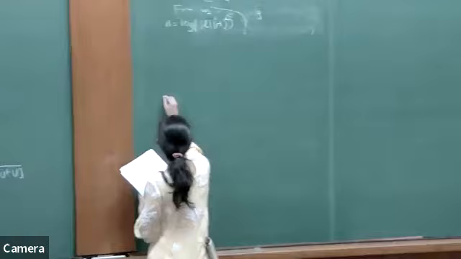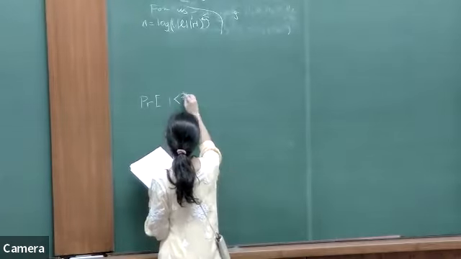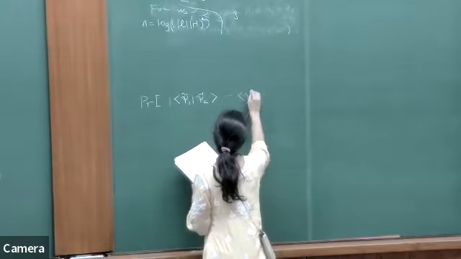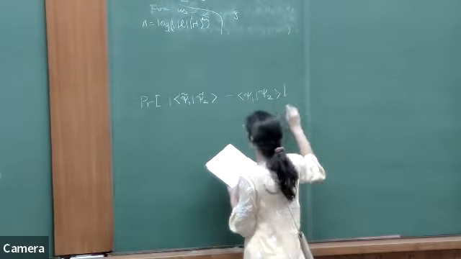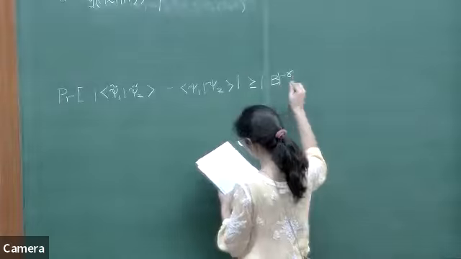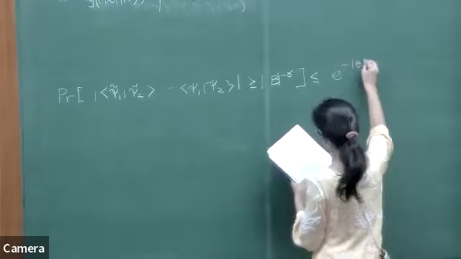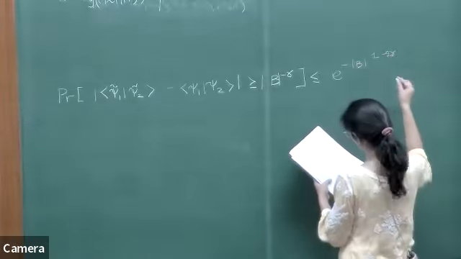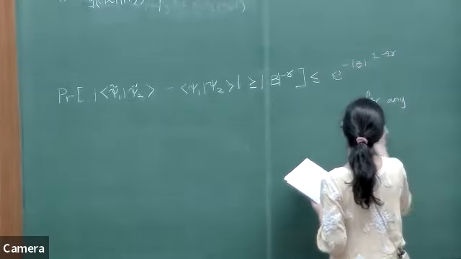We'll find that the probability that the inner product of psi 1 tilde and psi 2 tilde minus psi 1 psi 2, which was the average of the inner product of psi 1 tilde and psi 2 tilde, is greater than or equal to D to the minus gamma is less than or equal to e to the minus D to the 1 minus 2 gamma, for any gamma which is between 0 and 1/2.